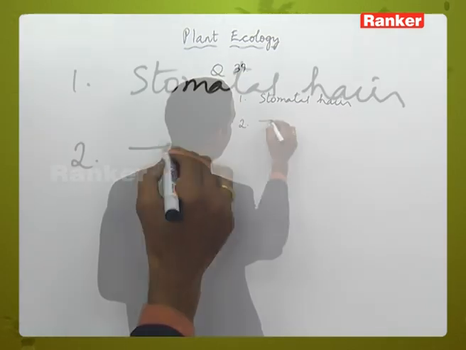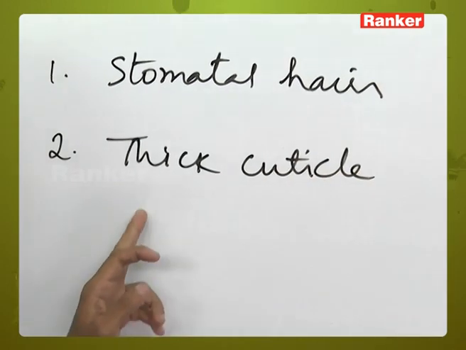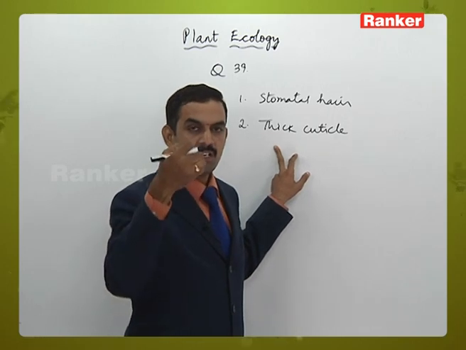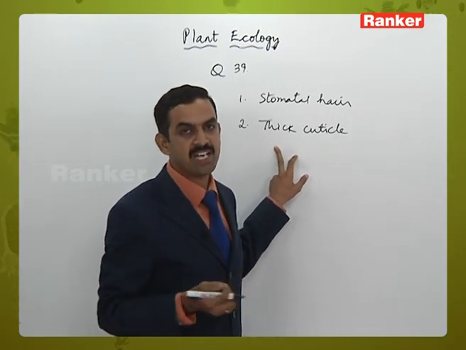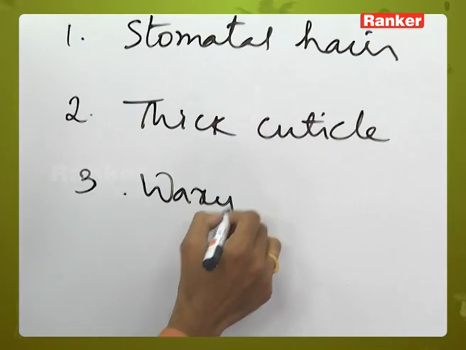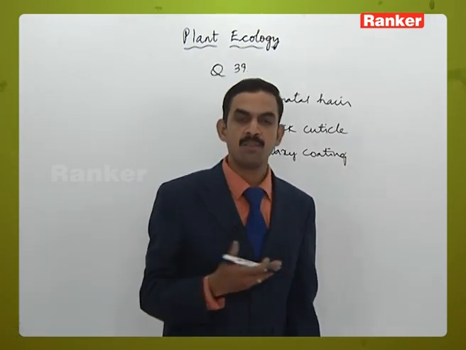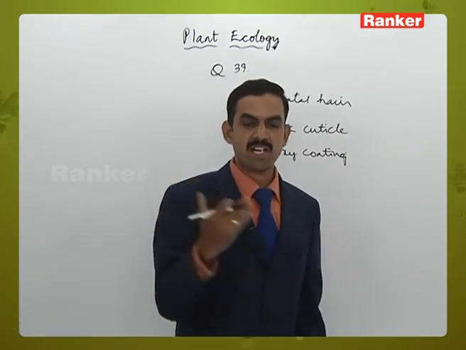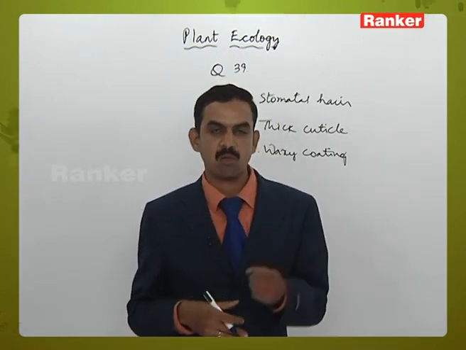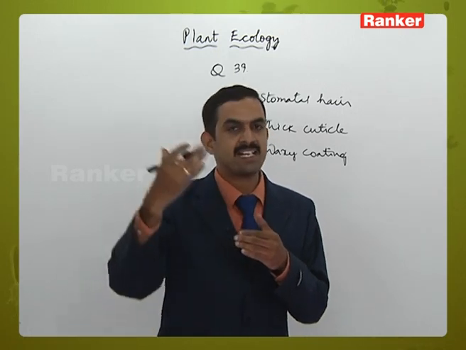Second one is thick cuticle. Thick cuticle is also one of the adaptations of xerophytic plants, where the thick cell wall does not allow the sun rays to penetrate into the plant body. Third one is a waxy coating. Waxy coating is a layer, or particularly we can say some chemical, which is present on the surface of the leaf or any part of the plant body, such that when the sun rays fall on that part, they get reflected backside.